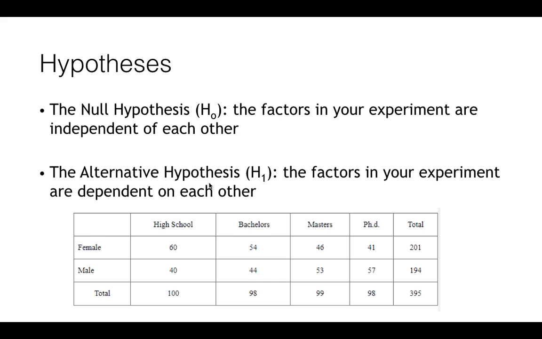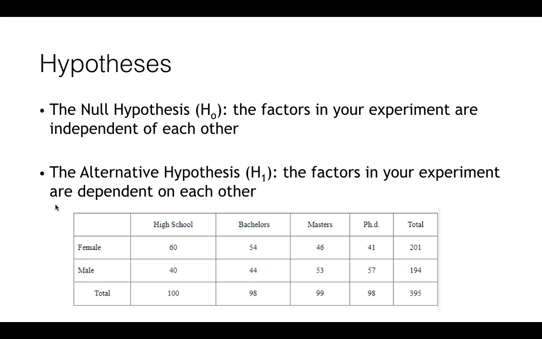The alternative hypothesis is that the factors in the experiment are dependent on each other. So my alternative hypothesis for this test would be that the level of education you receive is dependent on your gender. So that would mean that the education that you receive depends on what gender you are.